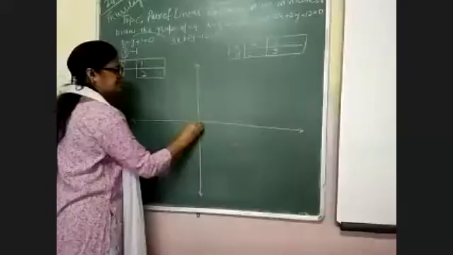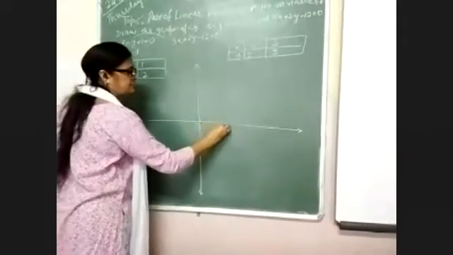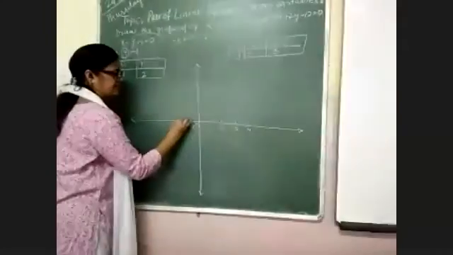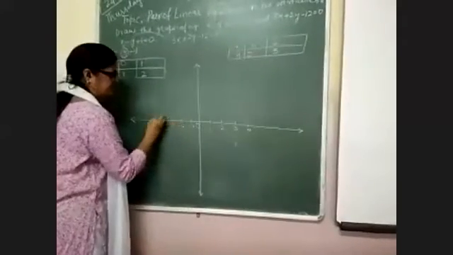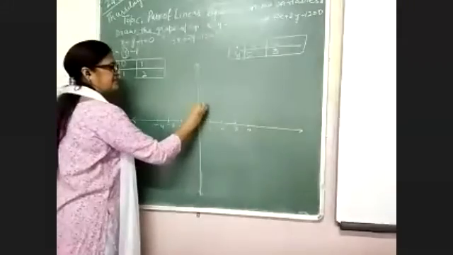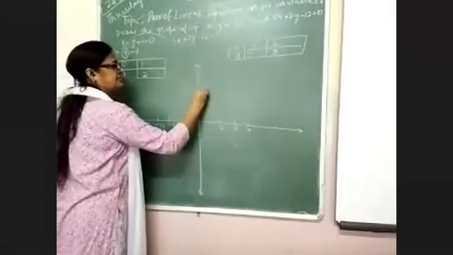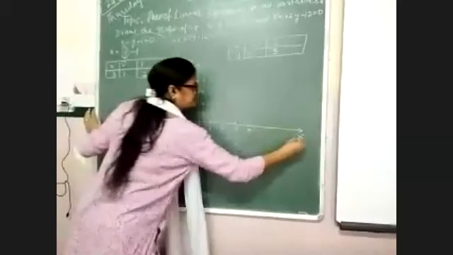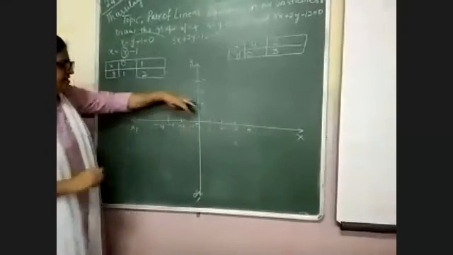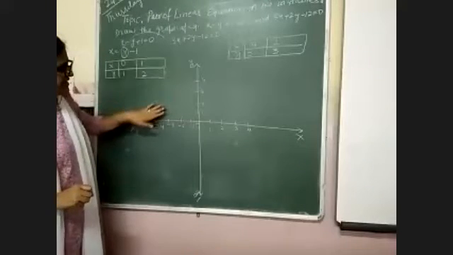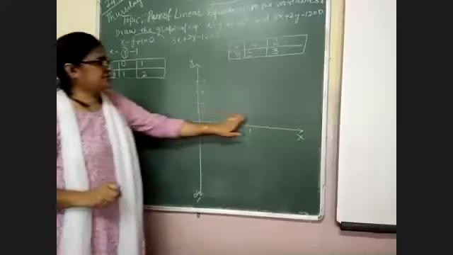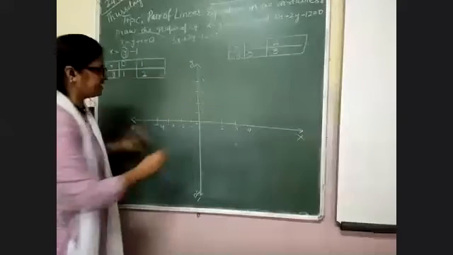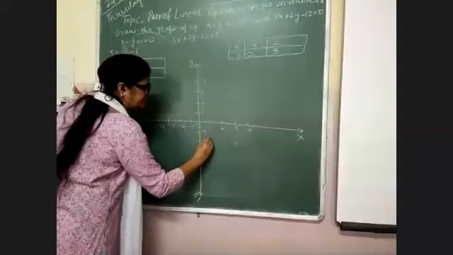This is the origin, 1, 2, 3 and 4. Minus 1, minus 2, minus 3, minus 4, plus 1, plus 2, plus 3, plus 4. On the left hand side are negative signs and on the right hand side positive signs, upward positive signs and downward negative signs.